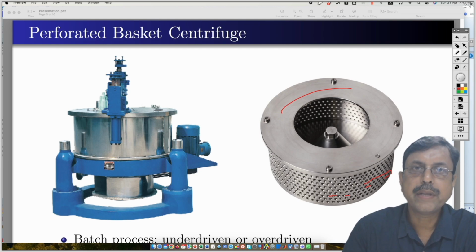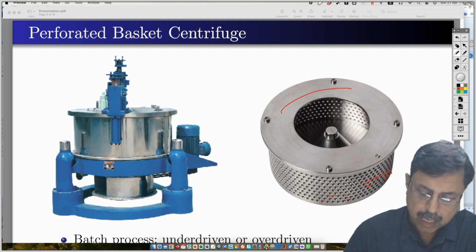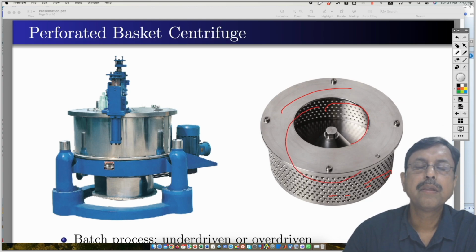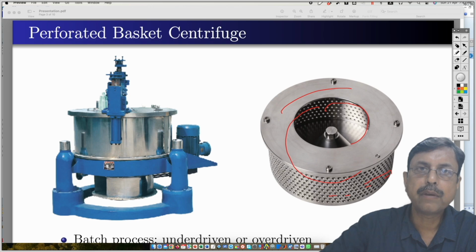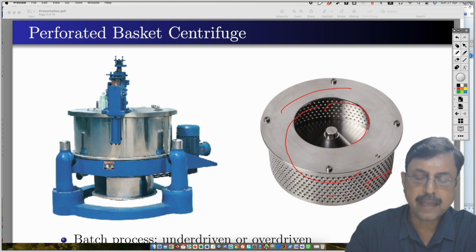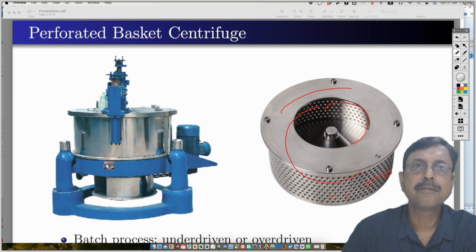and during the operation, a filter cloth is kept at the periphery of the inner wall. In other words, the inner wall is covered with the filter cloth. Slurry is kept inside the basket, and the basket is rotated with a high angular speed.